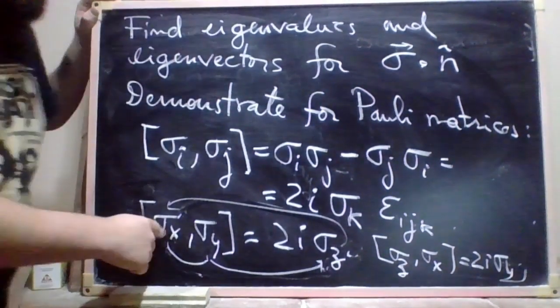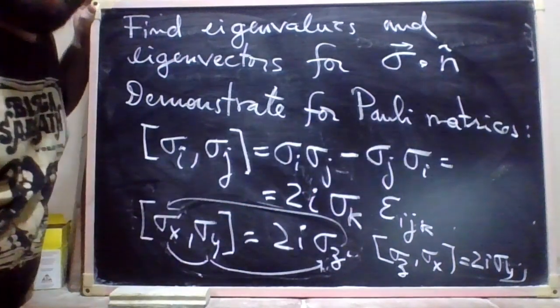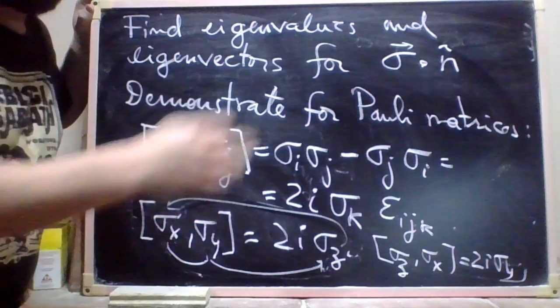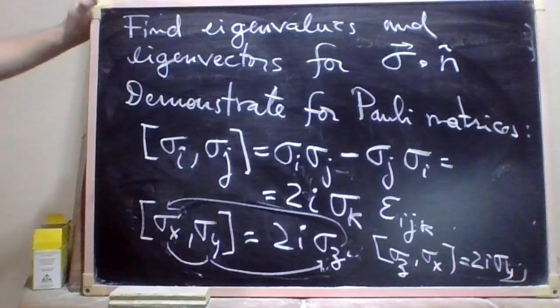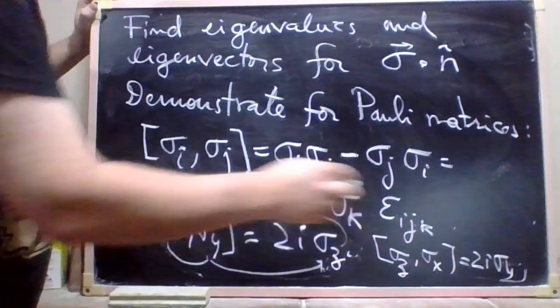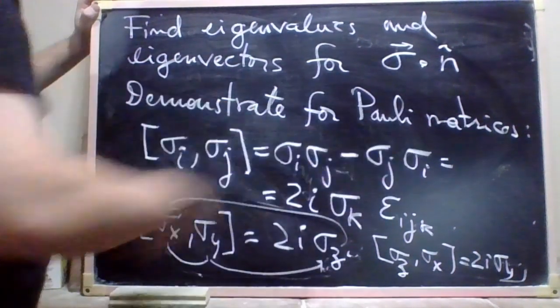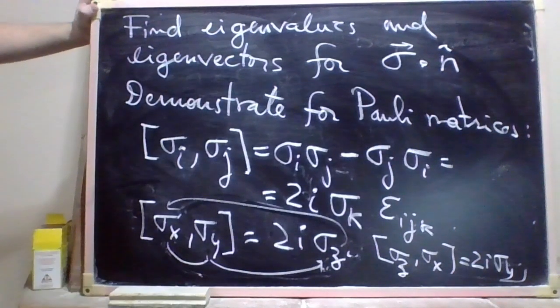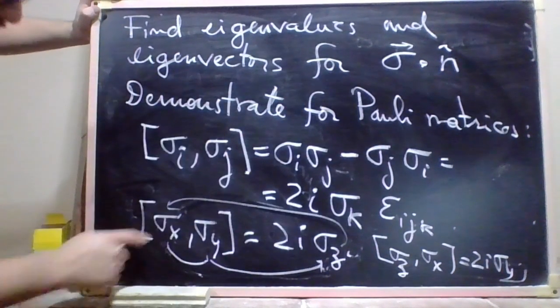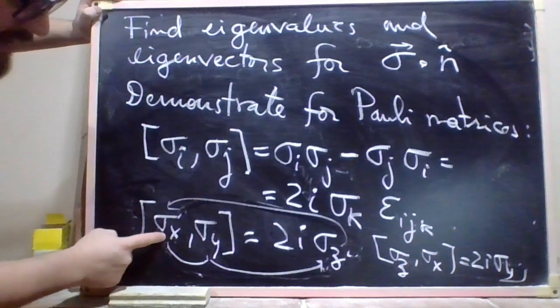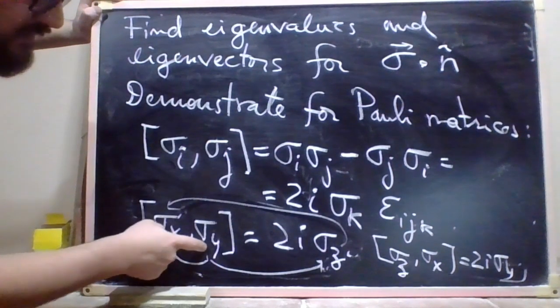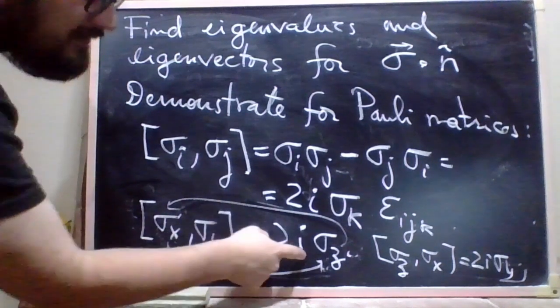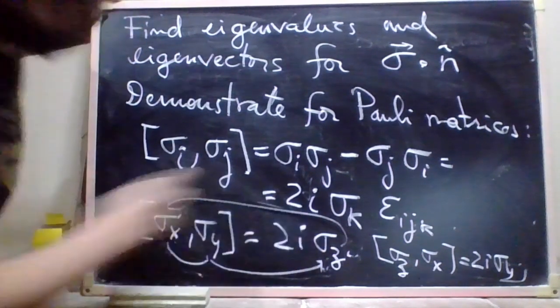You can make cyclic permutations of x, y, and z. This is the cycle, and you'll find all the relations encoded by this symbolic equation here. But you can demonstrate at first this one. Sigma x commutated with sigma y is twice the imaginary unit sigma z, all right?